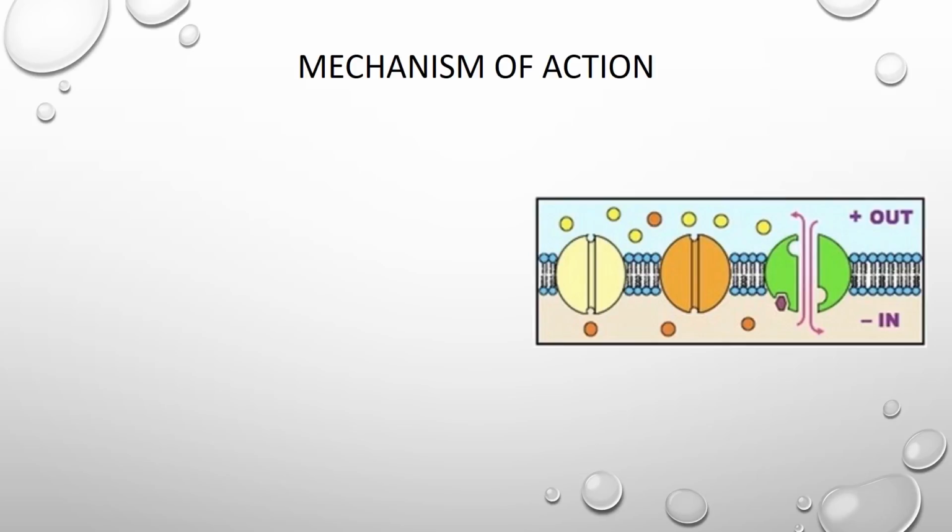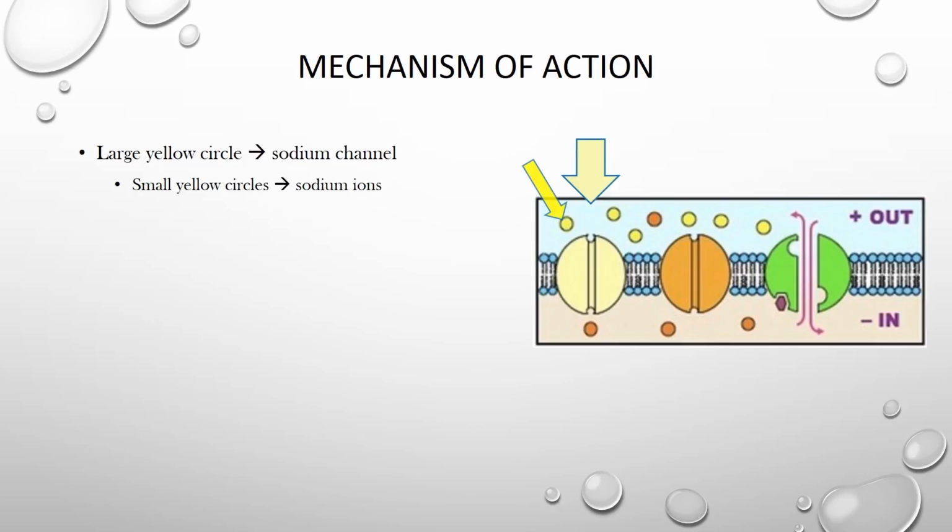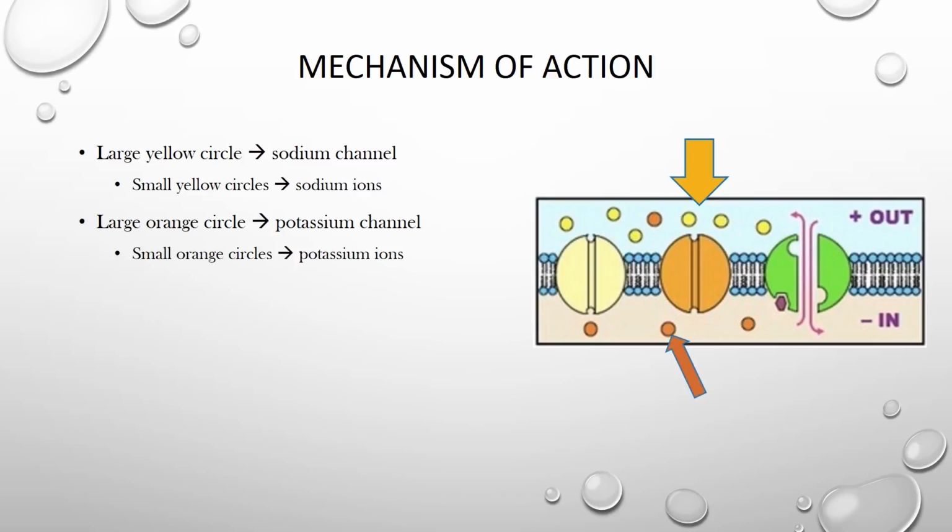Out, at the top of the picture, is the outside of the cell, and in, at the bottom of the picture, is the inside of the cell. The large yellow circle is the sodium channel, and the small yellow circles are the sodium ions. The large orange circle is the potassium channel, and the small orange circles are the potassium ions.